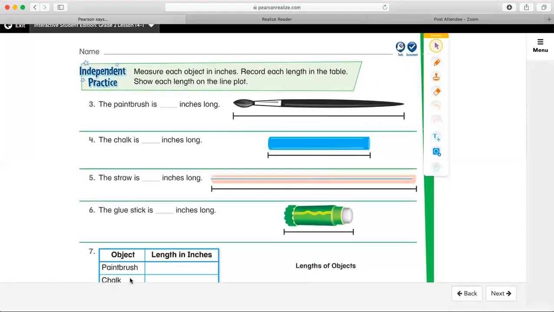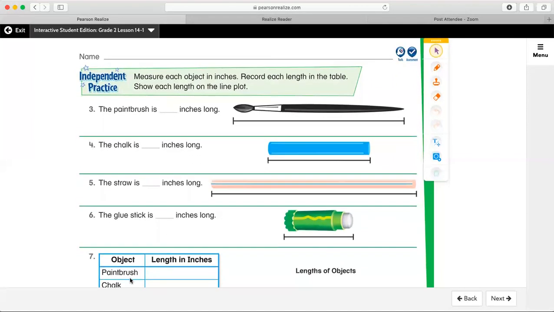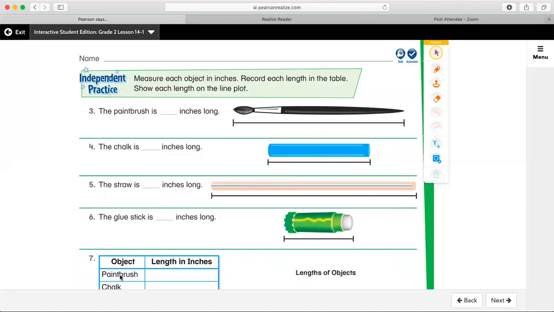Then, again, my screen won't scroll for some reason. But then they have the 4 objects: paintbrush, chalk, straw, and glue stick. You're just going to take your numbers here, make sure you're matching them with the correct object. So the paintbrush, however long it is, you write that number. And then you're going to plot that on your line plot.